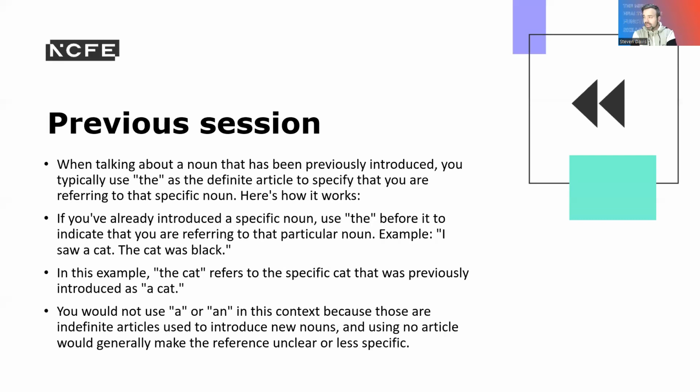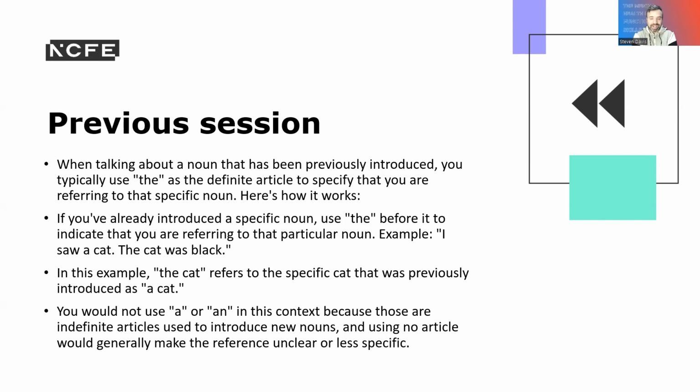So that's that one. And then if we look at the next one, when talking about a noun that's been previously introduced, you typically use the as the definite article to specify that we are referring to that specific noun. So here's how it works. If you've already introduced a specific noun, use the before it to indicate that you're referring to the particular noun.